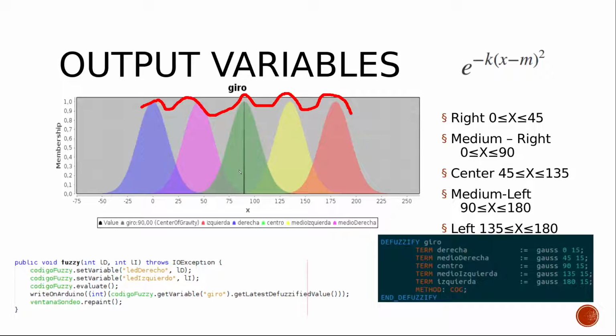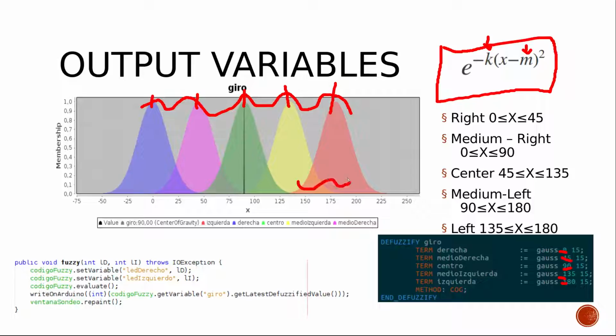The Gaussian curves are given by the equation in the presentation, where n is the maximum value of each membership section, and k is the value related to the standard deviation of the Gaussian bell, which was set to 50 to achieve a less abrupt control of the system.